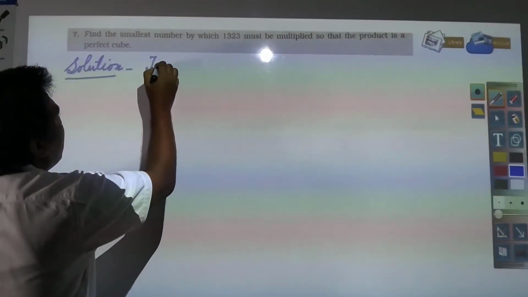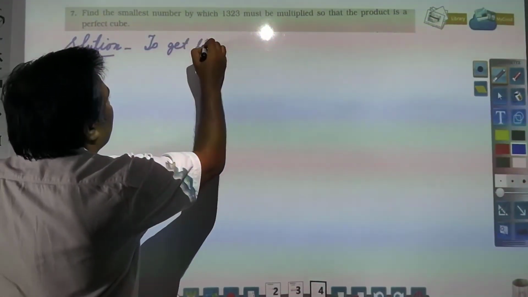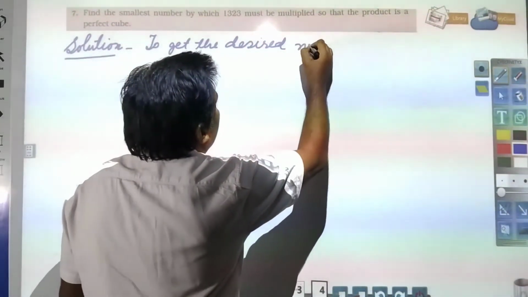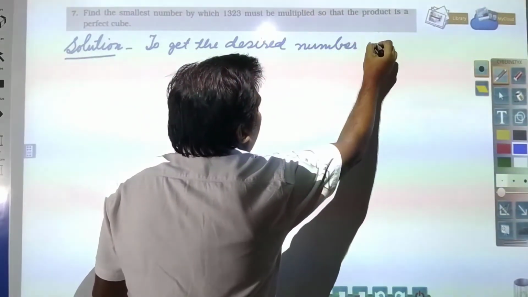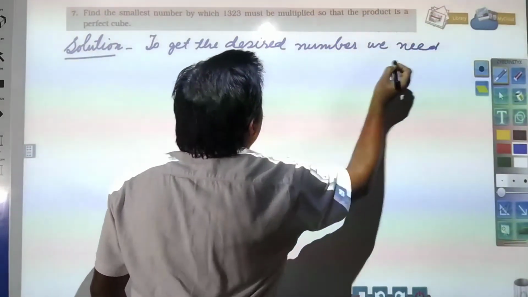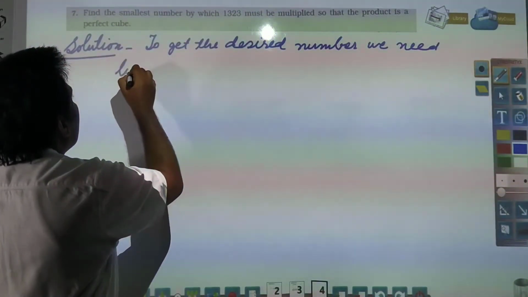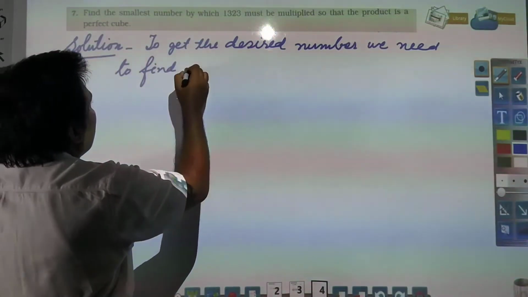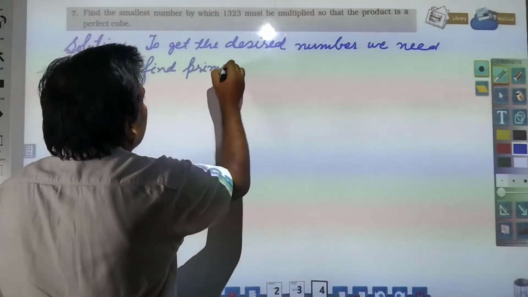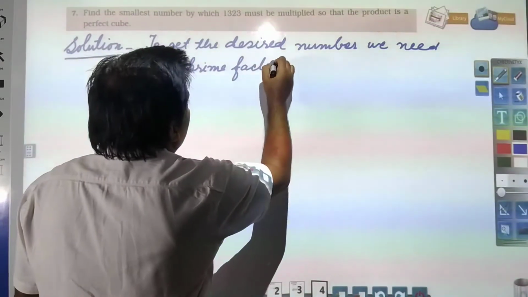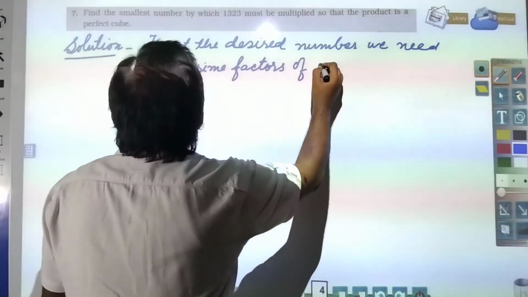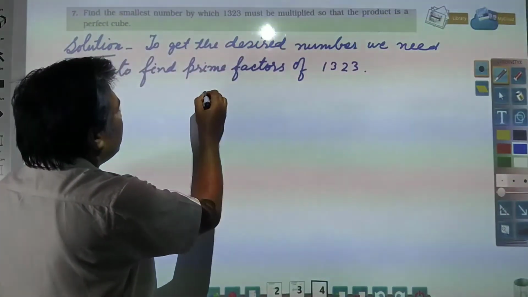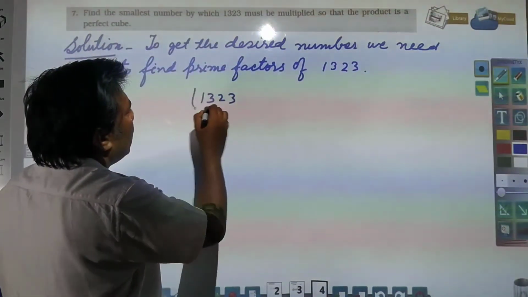What we will write? To get the desired number, we need to find the prime factors of 1323. Just you see, you find out 1323.